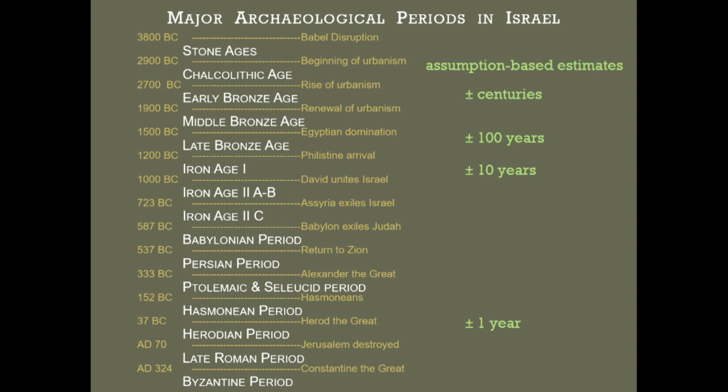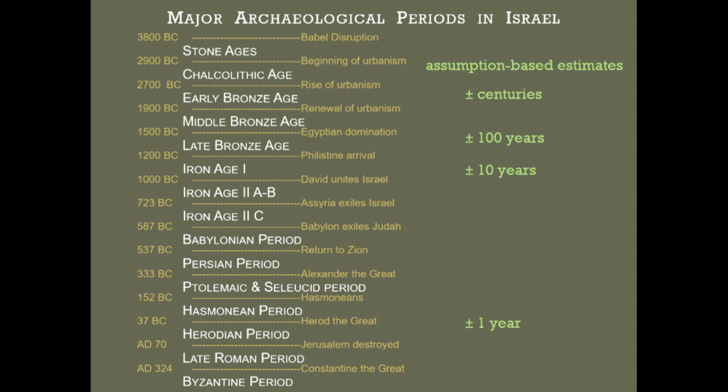For the later periods, these dates are accurate, give or take a year. By the time we get back to David in the Iron Age 1, we're talking at least a 10-year fuzz on these. Uncertainty.